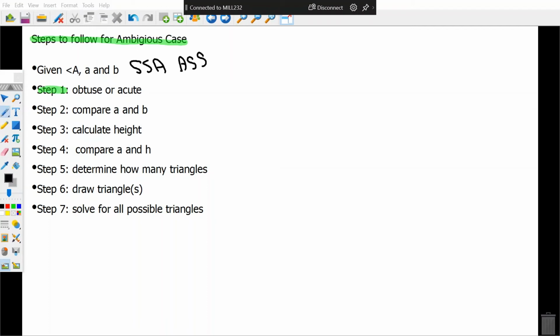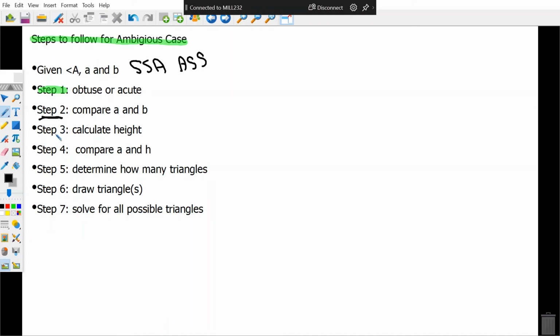Okay, remember, if it's obtuse, there's only 2 possibilities, where A is greater than B and there's 1 triangle, or A is less than B and there's 0 triangles. That's what you're going to do in step 2, is compare them.